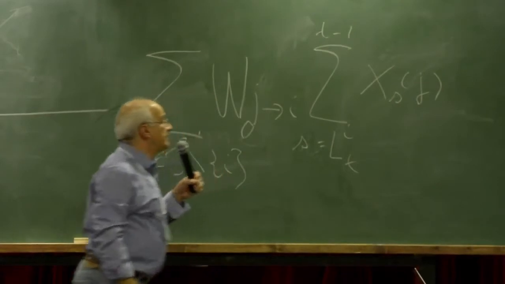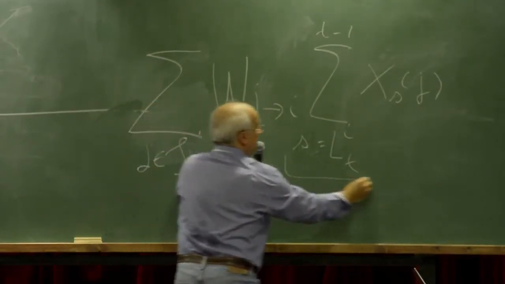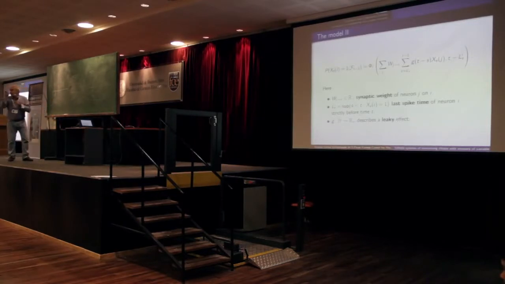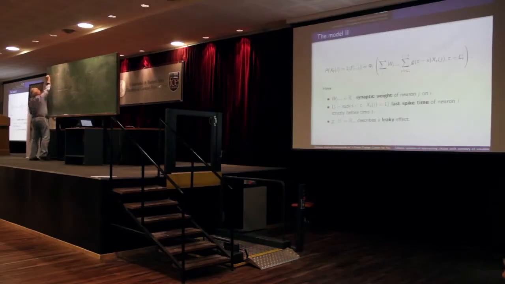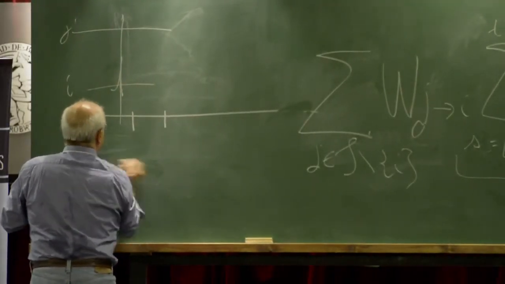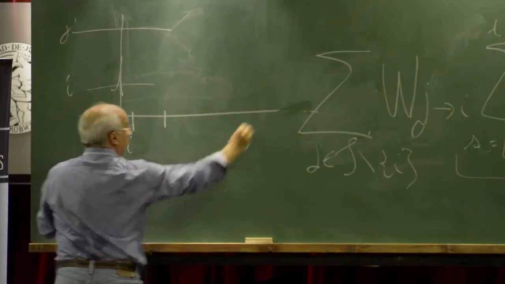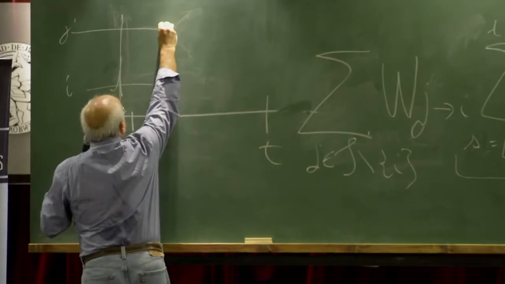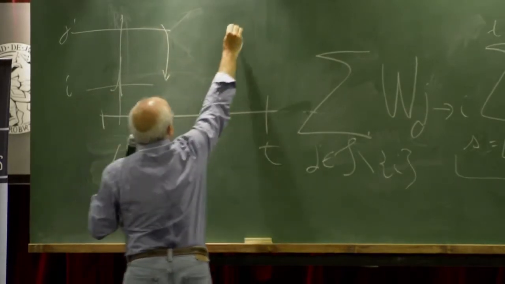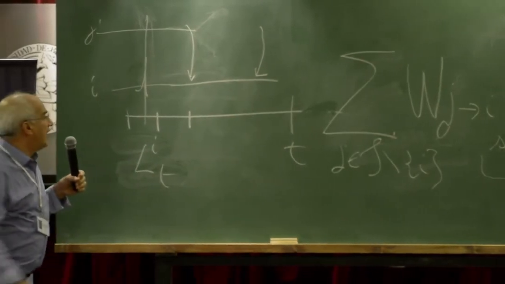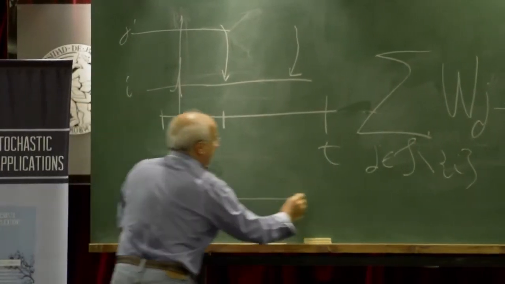If you only have this, it counts how many spikes j sent to i. So you have here the last spiking time of i before t. So you count how many spikes j has sent to i in this time interval.